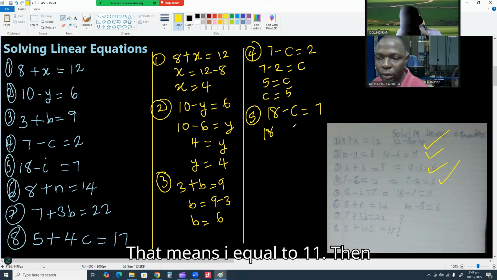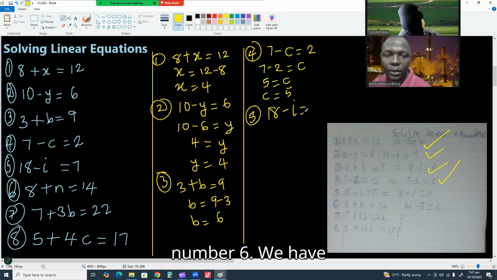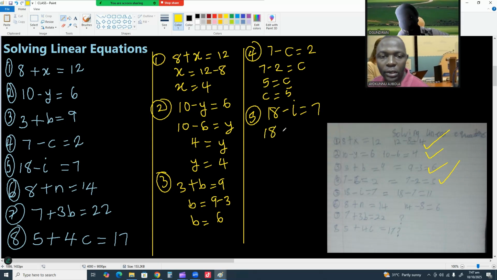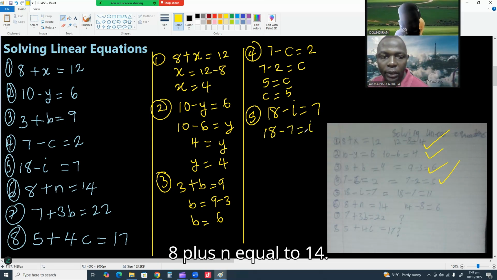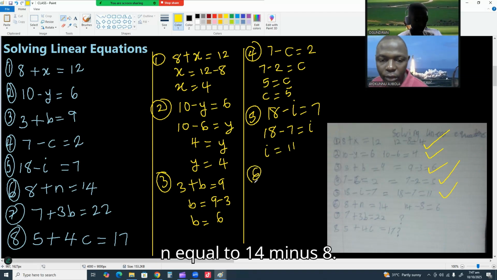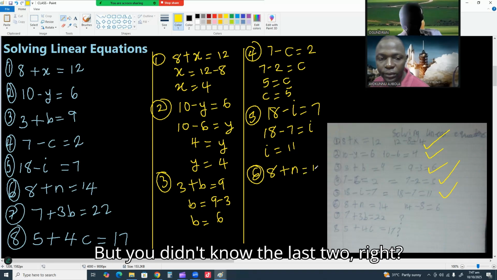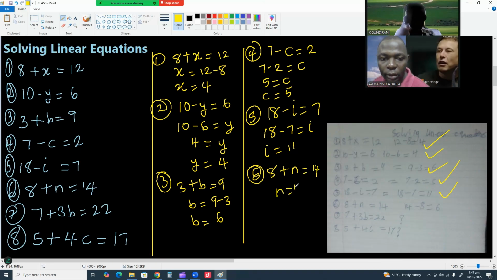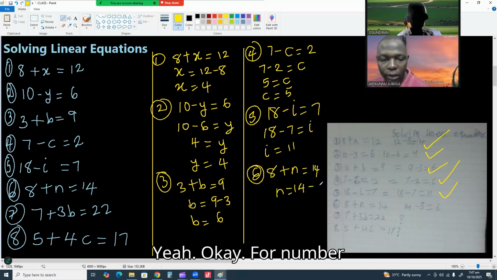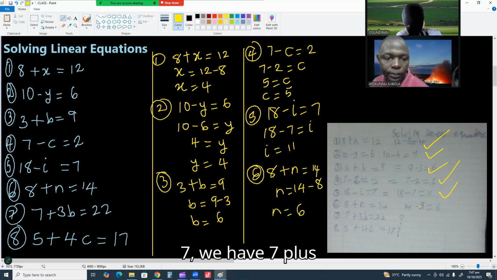Oh, it's not minus c, it's minus I. So 18 minus I equal to 7. So 18 minus 7 equal to I. That means I equal to 11. Then number 6, we have 8 plus n equal to 14. N equal to 14 minus 8. So n equal to 6.